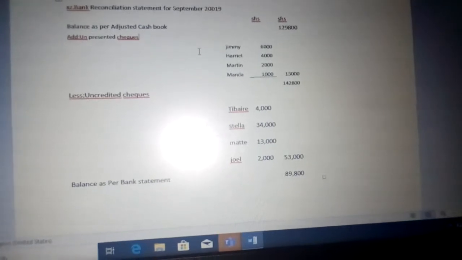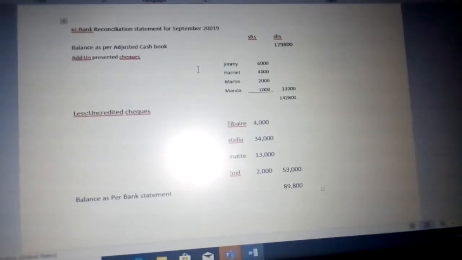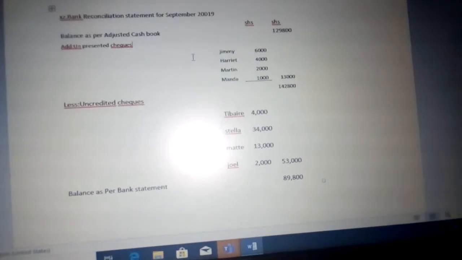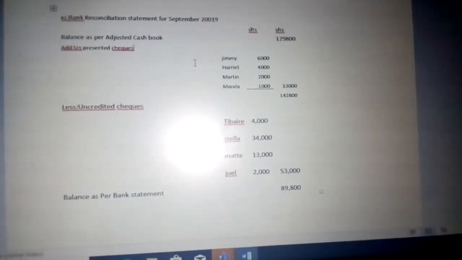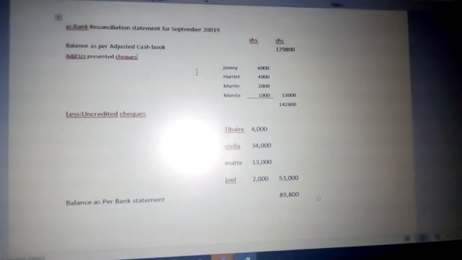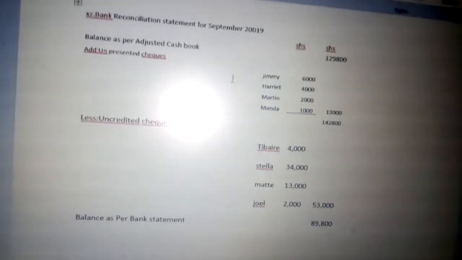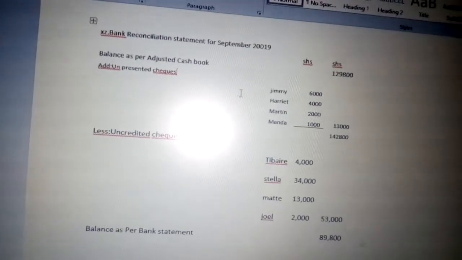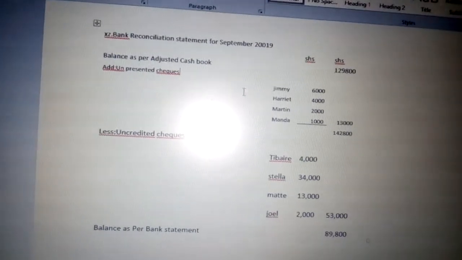So when we go back and look at what was credited in the cash book and is not debited on the banker statement, you'll find that Jimmy, Harriet, Martin, and Manda, their checks, yes, they were issued, but they can't be traced on the banker statement. So we refer to them as unpresented checks.